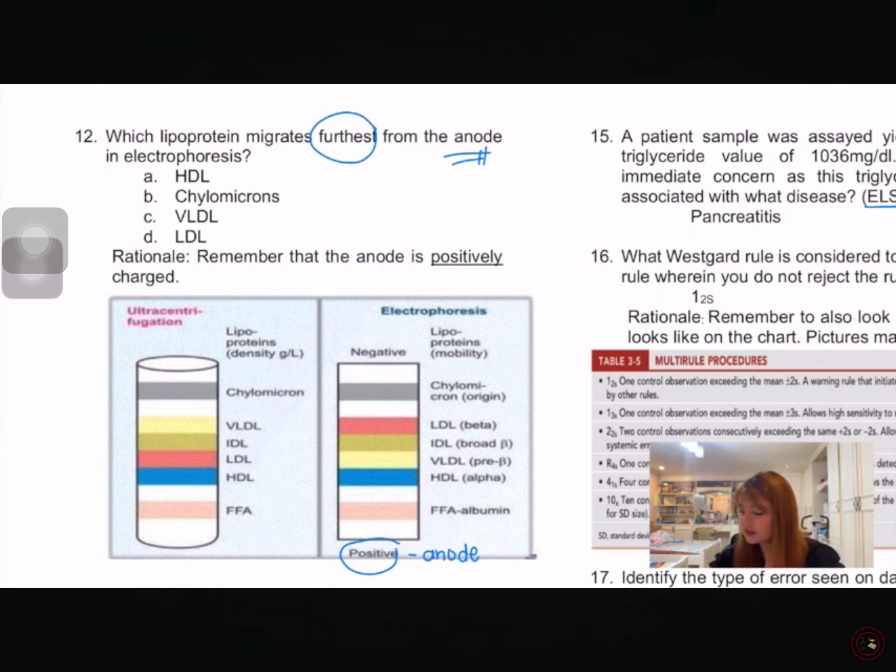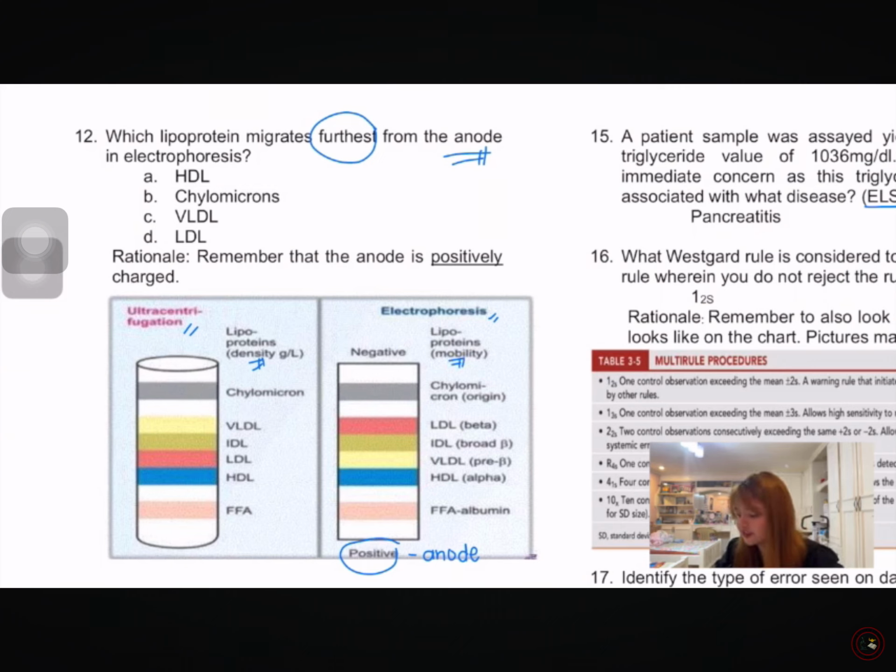And, so, given na yung two types of tests for separation of lipoproteins, iba yung results nila. Try to memorize yung difference ng results nila or yung exact results for each. So, sa ultracentrifugation, it is more dependent on the lipoprotein's density. Meanwhile, sa electrophoresis naman, it is their mobility in electrophoresis.